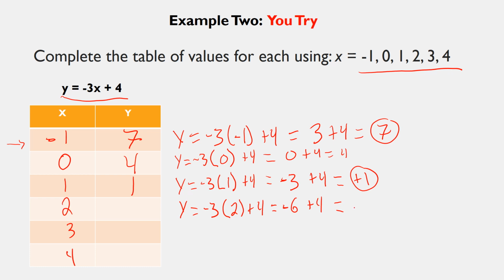That leaves us with -2. And we keep going this way for another one. Y equals -3 times, well, our x value is 3 here, plus 4. -3 times 3, a negative and a positive still equal a negative, so we have -9 plus 4. We know we have 9 negatives and 4 positives, leaves us with a -5.